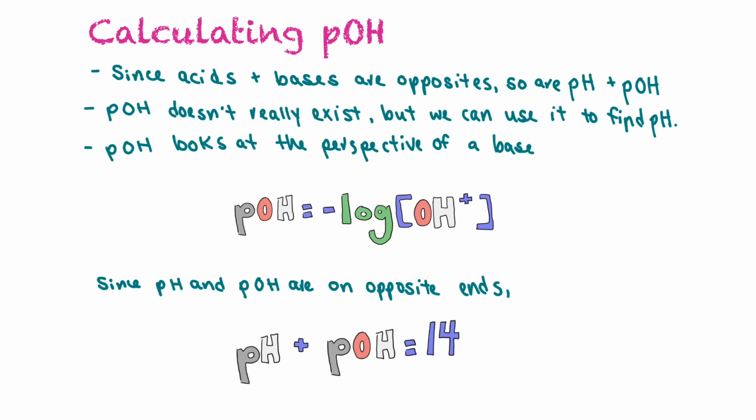But we can use the calculation for finding pOH and then converting back to find out what the pH of a substance is. So because pH and pOH are on opposite ends, pH plus pOH will equal 14. So the power of hydroxide is equal to the negative log of the concentration of hydroxide ions.